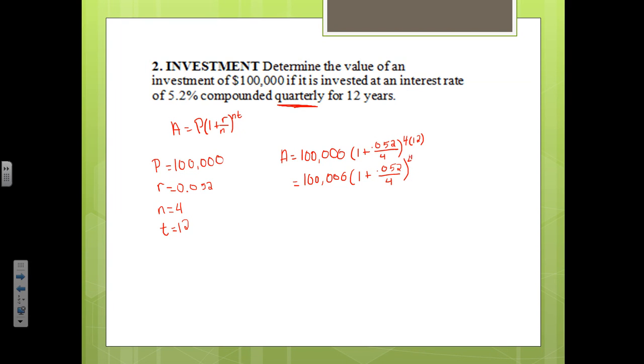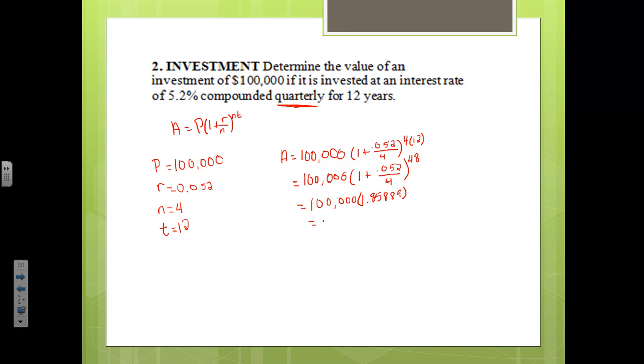Well, 4 times 12 is 48, so it's really to the 48th power. And 1 plus 0.052 over 4 to the 48th power is 1.85889.